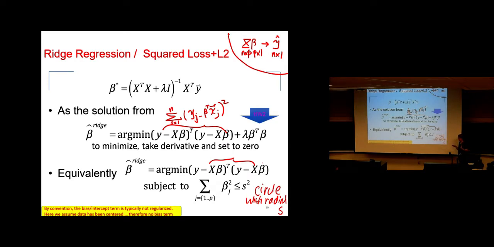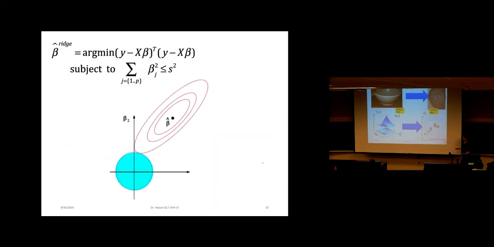So who can tell me what the contour map of this is? The summation of every element quadratic is smaller than s quadratic. This is exactly a circle centered at the origin, and the size of the circle is s.